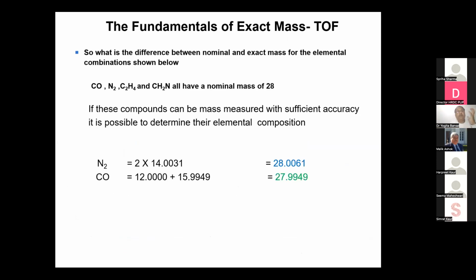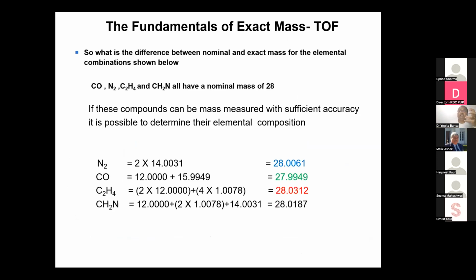So what is the difference between nominal mass and exact mass? The advantage of the TOF is that we can detect a molecular formula or molecular composition from its spectrum. How? We have seen the four examples: carbon monoxide, nitrogen, ethylene, and CH2N.